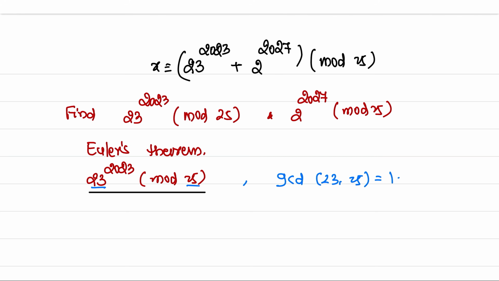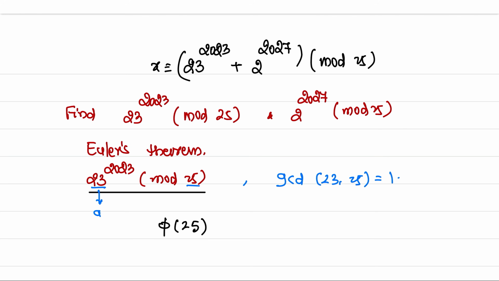Hence, let us say it is A. Here, what is the phi value of 25?